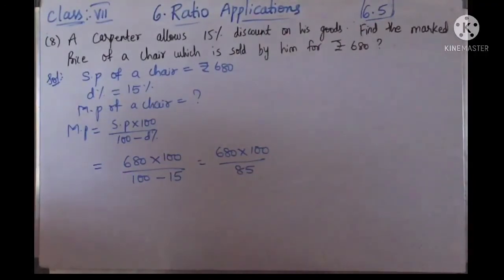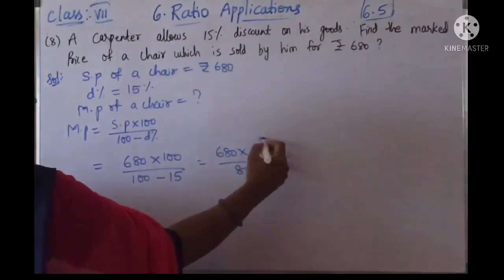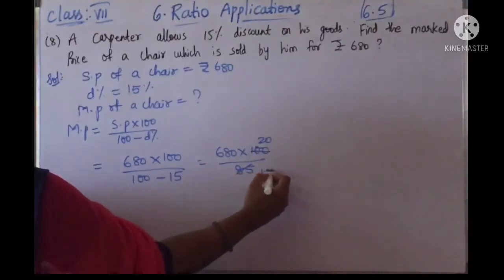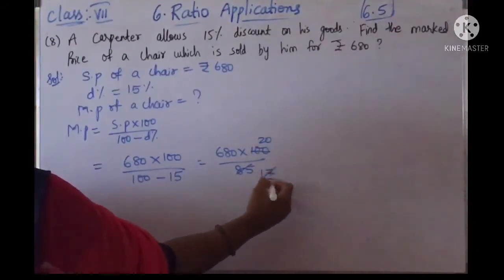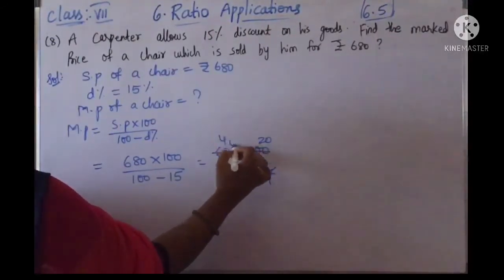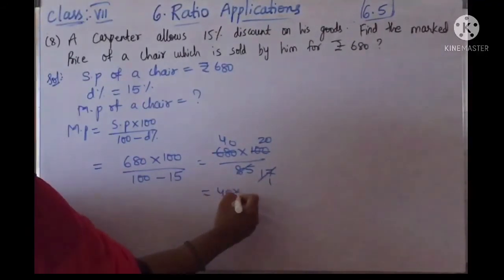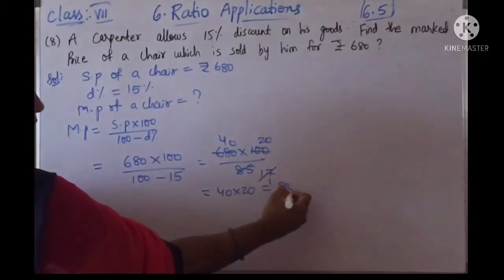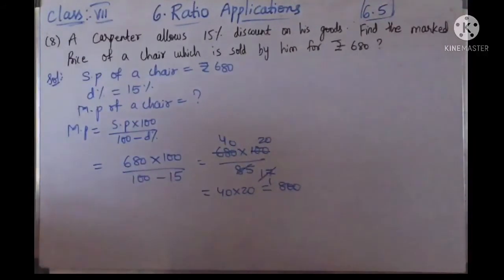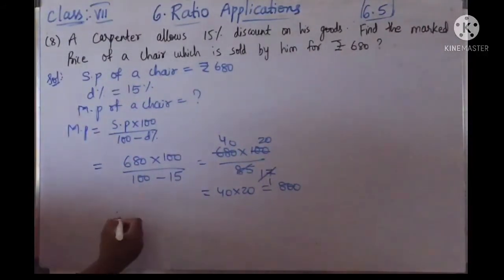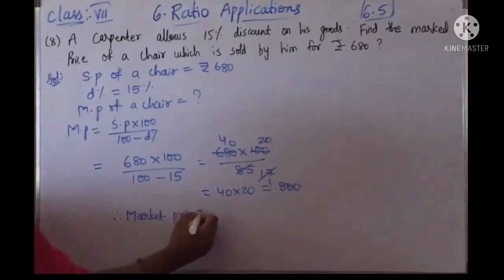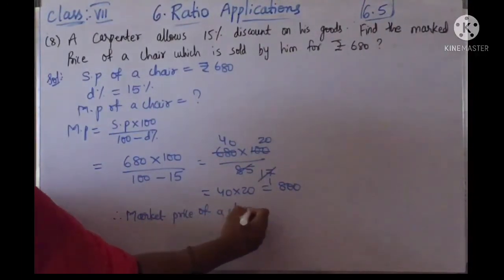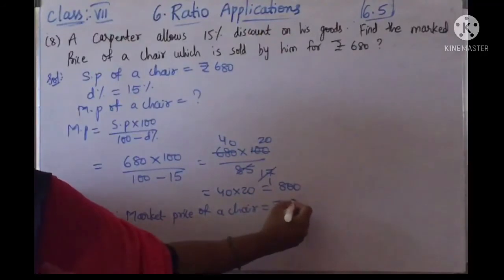Okay, children. Now when I cancel with 5 table, 5 20 is a 5 1 is 17. 17 1 is 17, 4 is 68, 0. So finally you will get 40 into 20, that is nothing but 800. So what is the market price now? Market price of a chair is nothing but rupees 800.